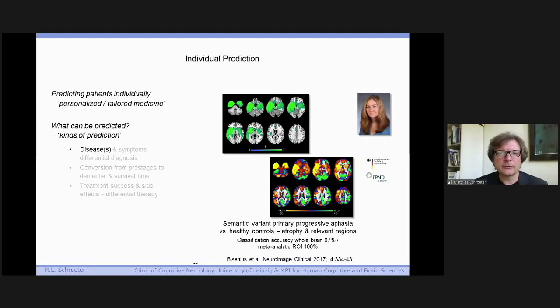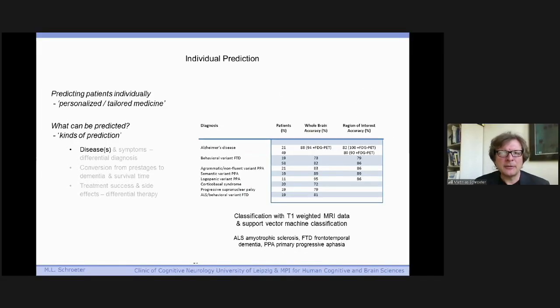These are the results comparing semantic variant primary progressive aphasia and healthy controls. You see there is a big atrophy in the temporal lobe, and we have a high classification accuracy of 97% across the whole brain, and in meta-analytical ROIs, 100%. The classification between diseases and controls works well.